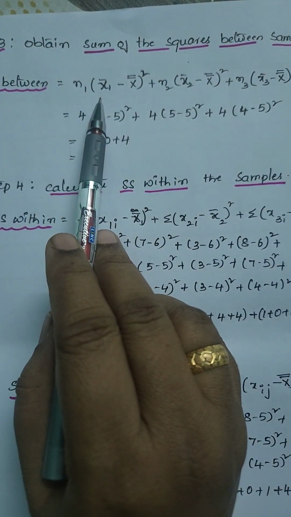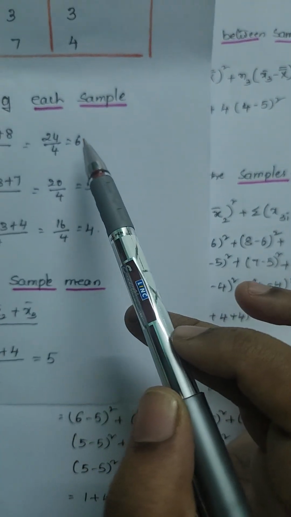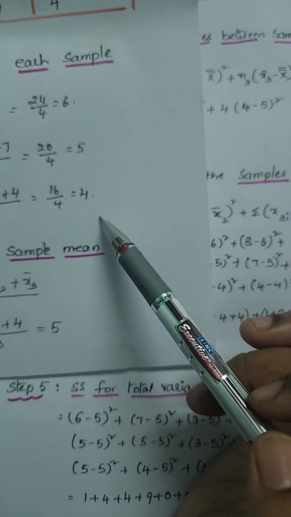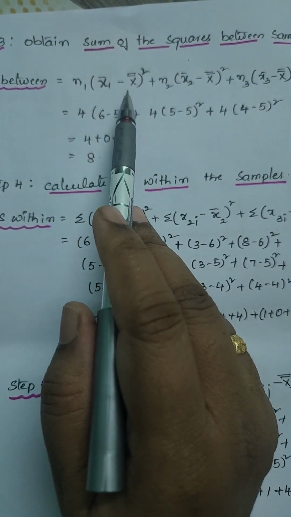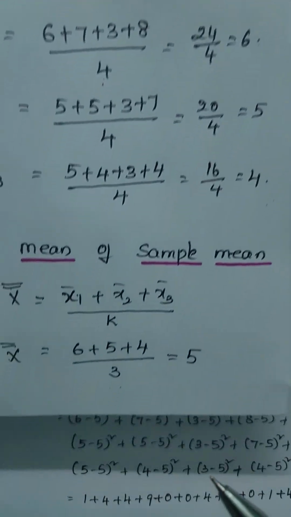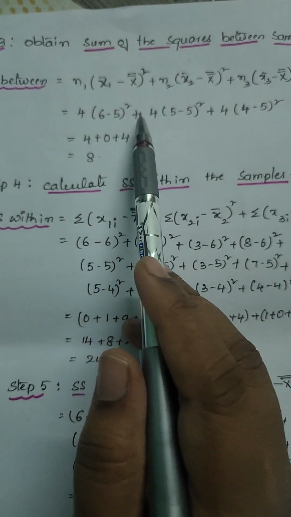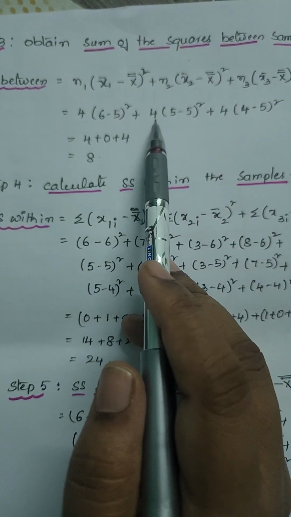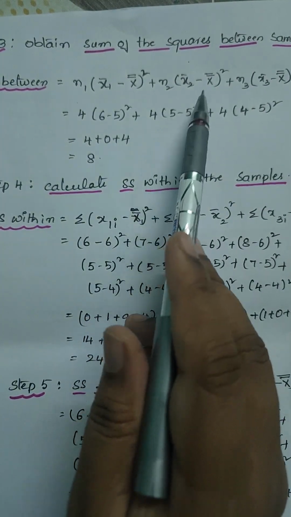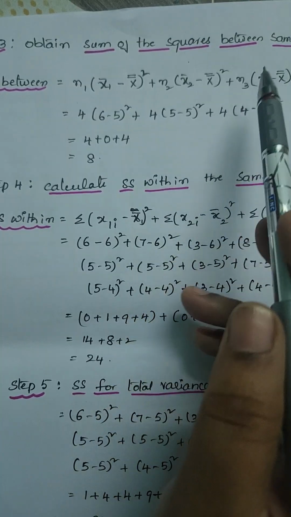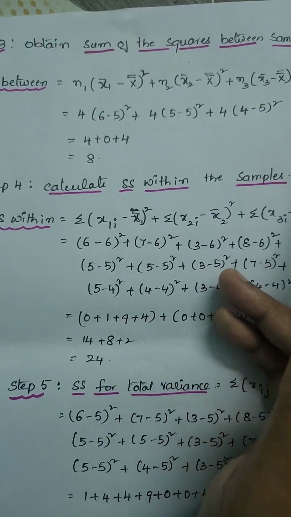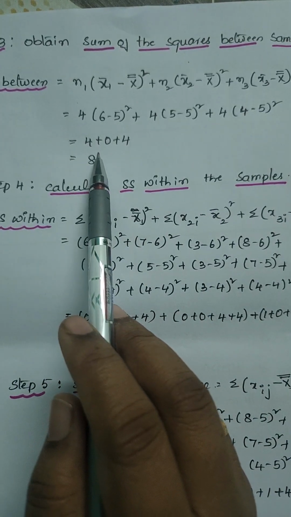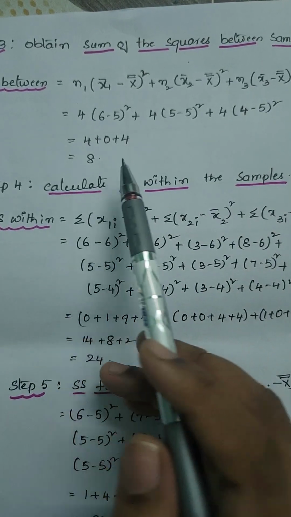And x1 bar is 6, x2 bar is 5, x3 bar is 4, and x bar is 5. So 4 into (6 minus 5) whole square plus 4 into (5 minus 5) whole square plus 4 into (4 minus 5) whole square. So this is 4 plus 0 plus 4, which is 8.